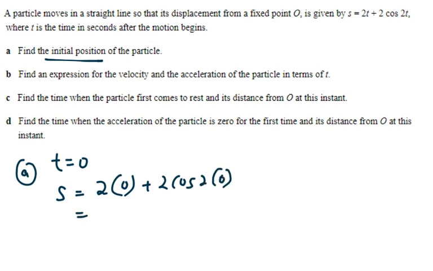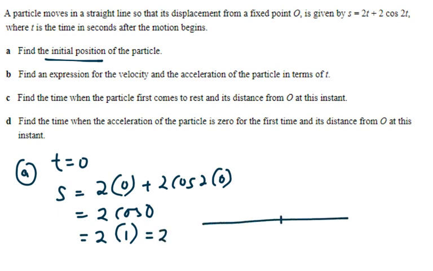This part you're getting 0, and cosine of 0 will give you 1. So this is 2, which means that when t is equals to 0, the object is at a displacement of 2 units to the right. This is the initial position of the object from the origin.